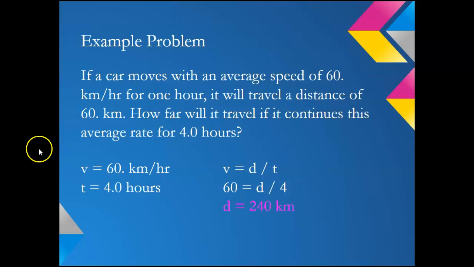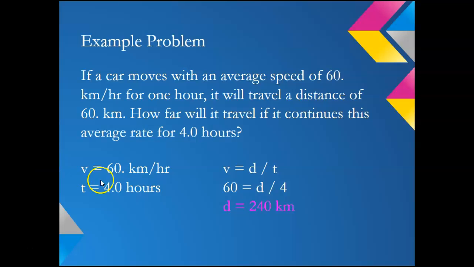In this problem, it states that the speed of the car is 60 kilometers per hour. It also states that it is traveling for a total of 4 hours. Don't get this confused for the 1 hour mentioned here, as this part of the sentence is not relevant.